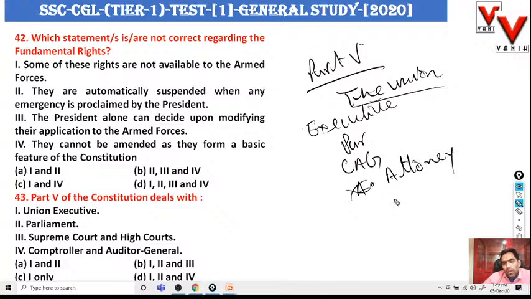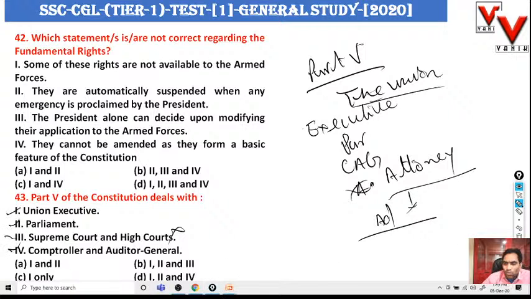In case of the center, it is known as Attorney General, and in case of the state, it is known as Advocate General. The Supreme Court has a separate chapter; it is not part of part 5, rather part 6. So the right answer is going to be first, second, and fourth.